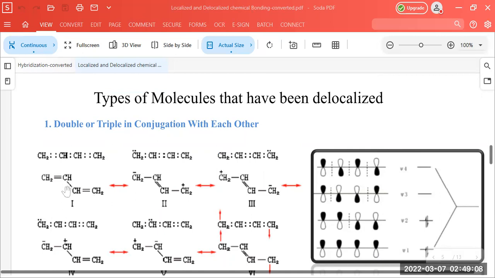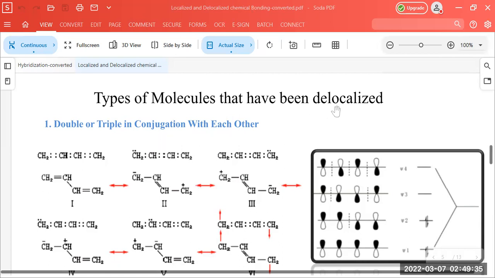So you can say that this double bond moves over here and you can draw a canonical form like this, because this can move again, and you can also draw various types of canonical forms for 1,3-butadiene.